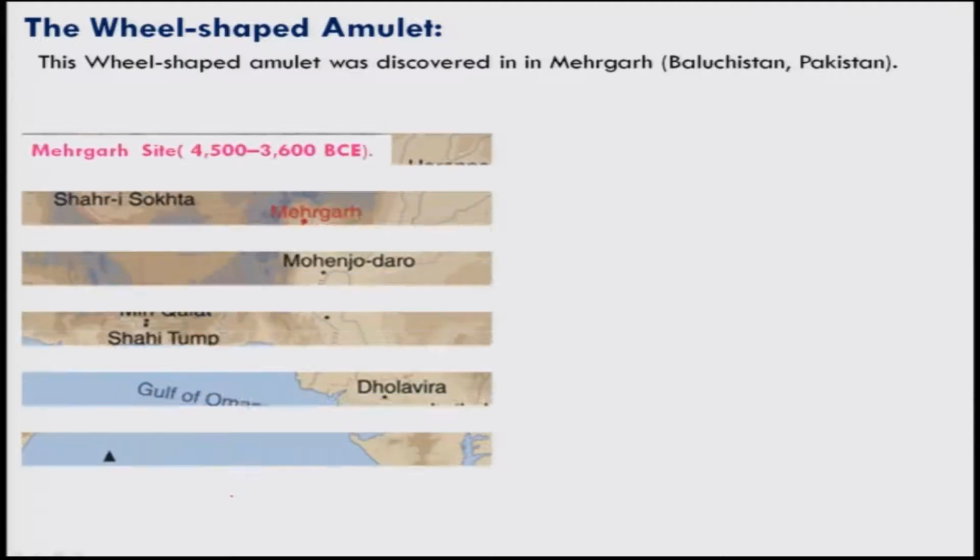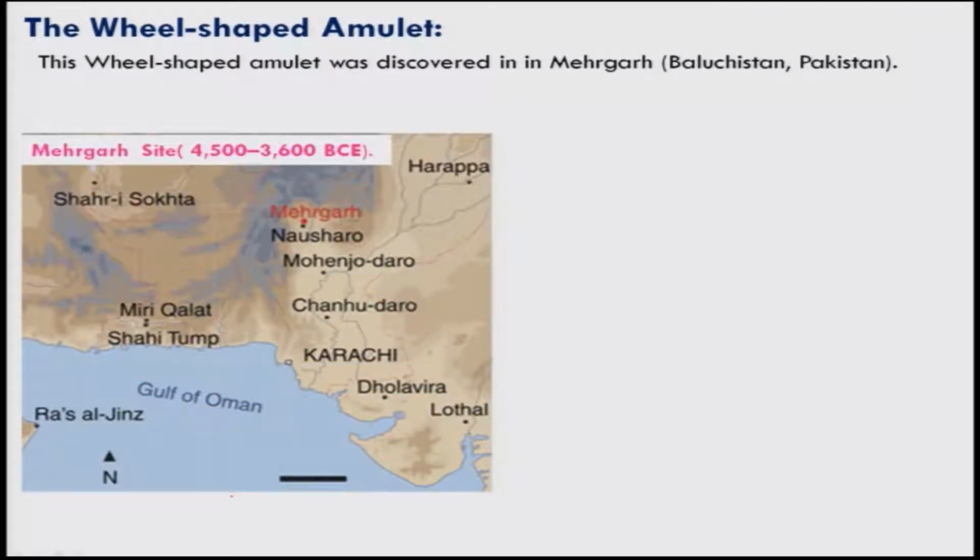Now we will discuss a wheel shaped amulet which was excavated at Mehergarh, located in Baluchistan, Pakistan. We have talked about Mehergarh several times, and these are all Indus Valley civilization, or what we are now calling the Saraswati Sindhu civilization, around 4500 to 3600 BC.